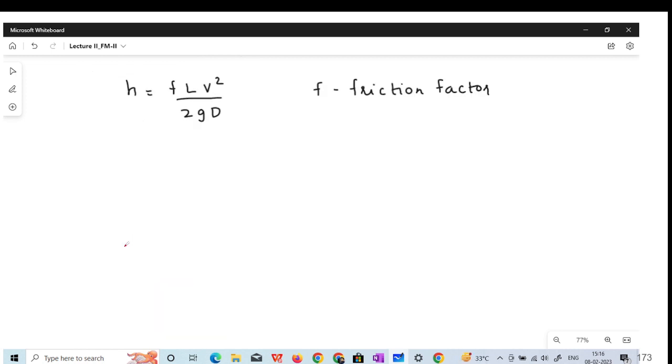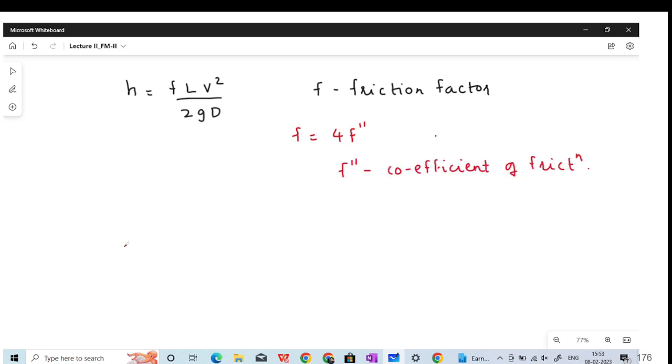Now one more empirical relation we have: f equal to 4 F double dash, where F double dash is the coefficient of friction. You can just substitute it. H equal to 4 F double dash L V square by 2gd.